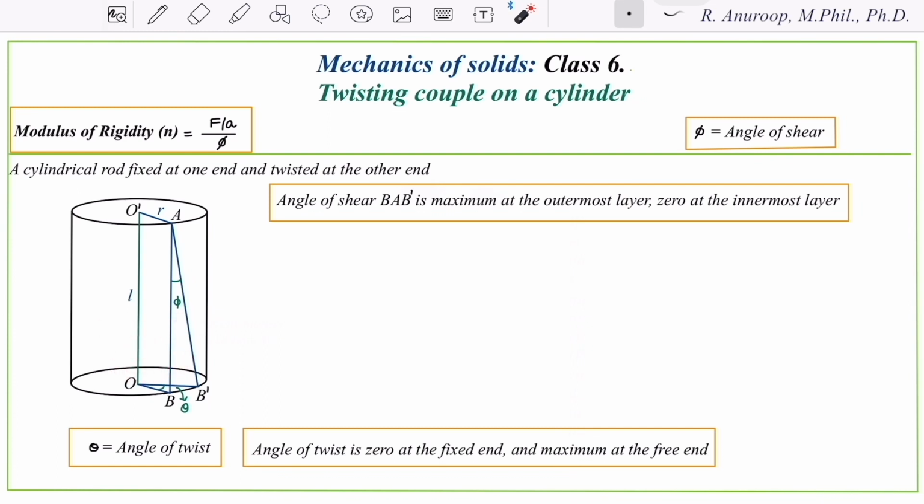Then each cross section of the rod rotates in its plane through some angle, and that angle is called the angle of twist theta.